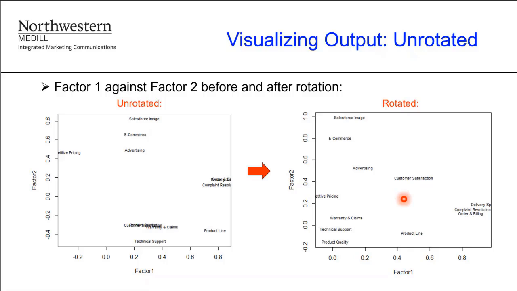We can also see that the variables move toward the extremes of each factor. The variables gather in the center, but those variables move to more extreme values in each factor.